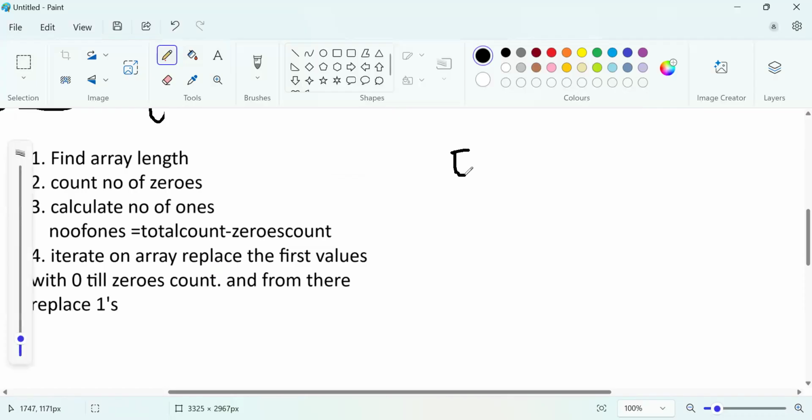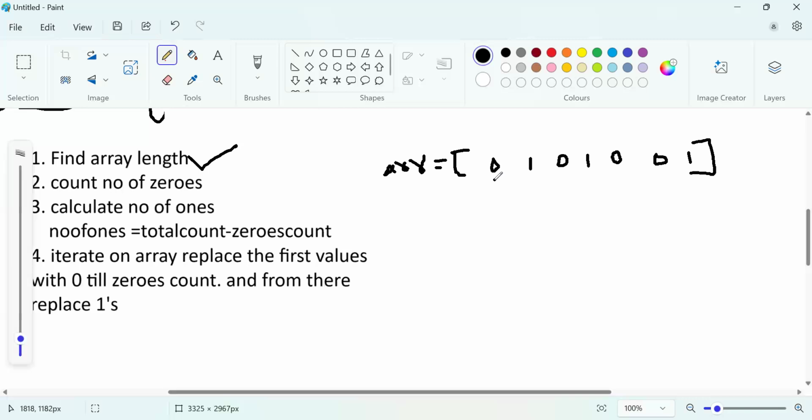So let's take an array: 0, 1, 0, 1, 0, 0, 1. This is the given array, arr. What is the first step? Find array's length.